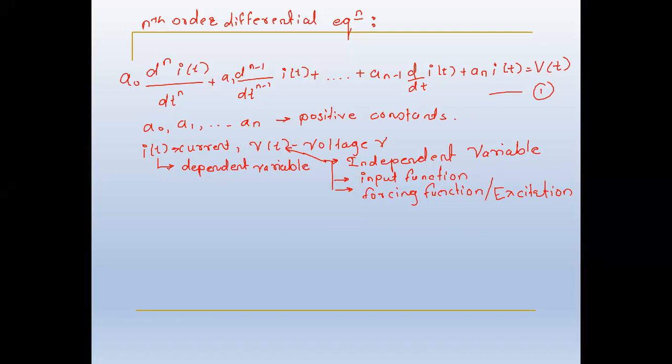So let's put n equal to 1. We get a0 d/dt of i(t) plus a1 i(t) is equal to v(t), isn't it? This equation contains a first order derivative only, so it is the first order differential equation.